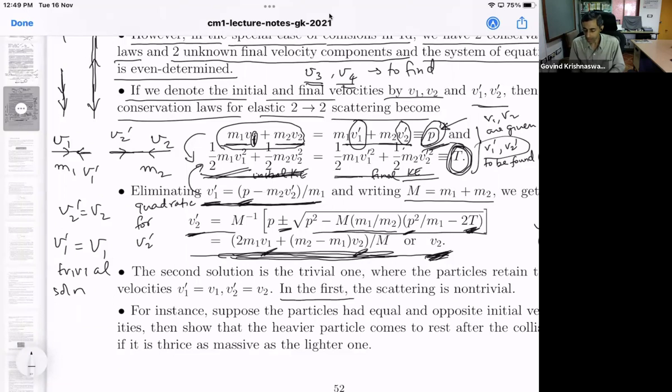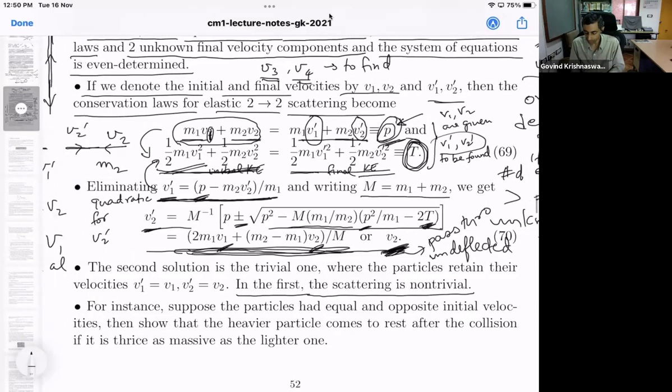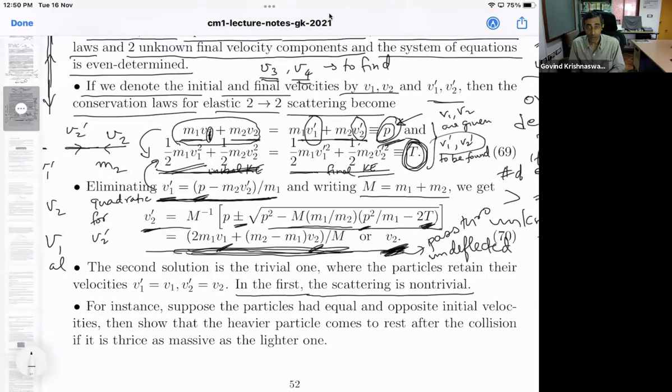As I said, in the first case, the scattering is called non-trivial, while in the second case, the scattering is trivial. Here the particles pass through undeflected. When I say undeflected, I mean without feeling each other. I'm not using the term very precisely.